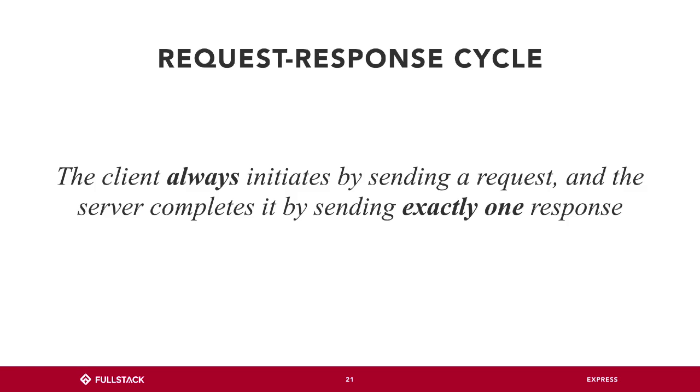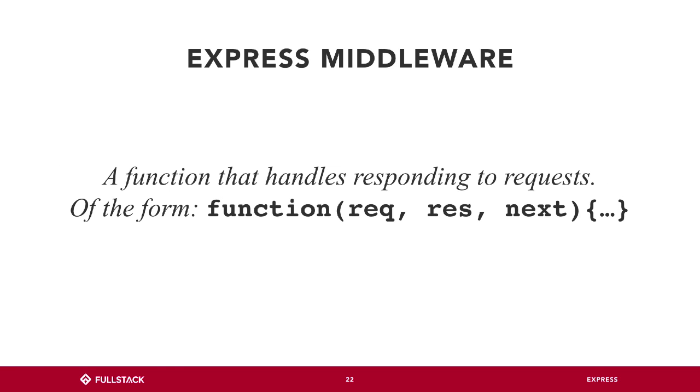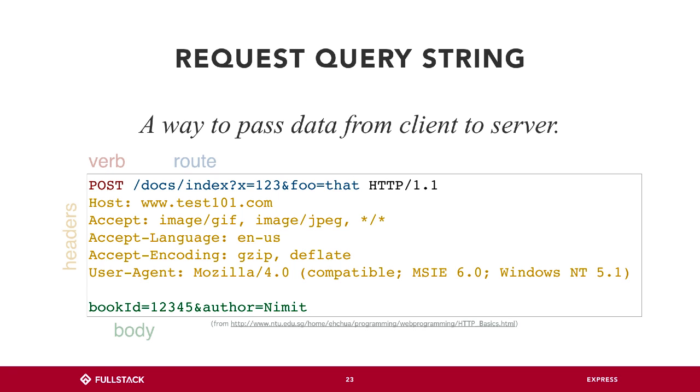In terms of the life cycle, the client is always the one initiating the request, and the server completes it with the response. We've looked at Express middleware to end up creating our routes. Also, we could pass data from our client to the server.